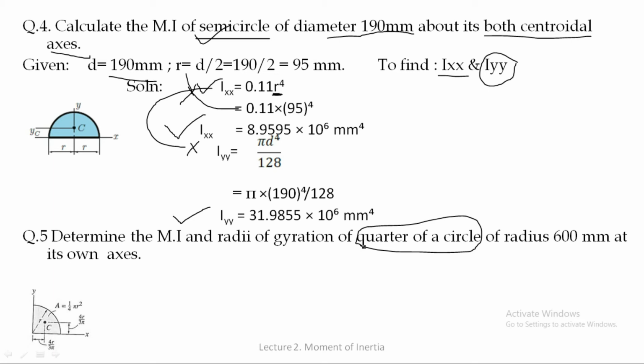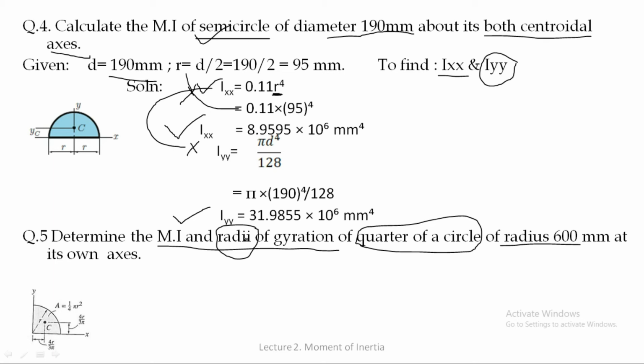They have given the value of radius. The value of radius is given as 600 mm. And they have asked us to find out not just moment of inertia, but also the radius of gyration. But instead of the word radius of gyration, they have used the word radii of gyration.